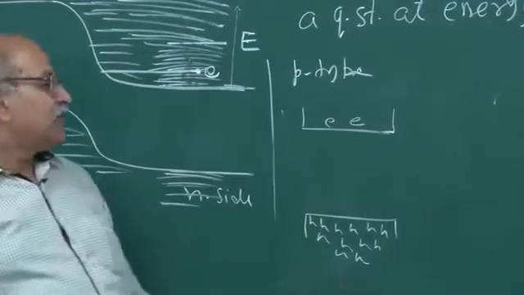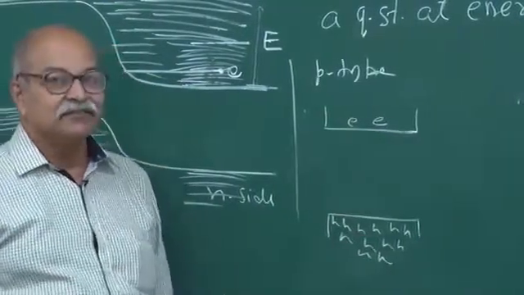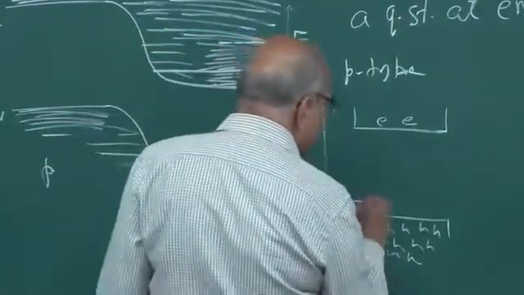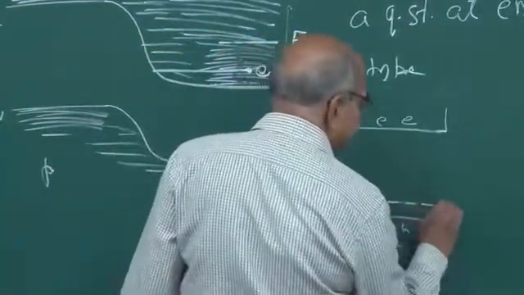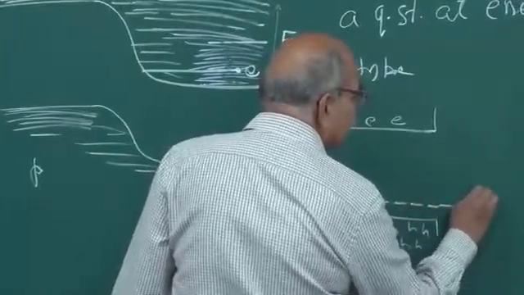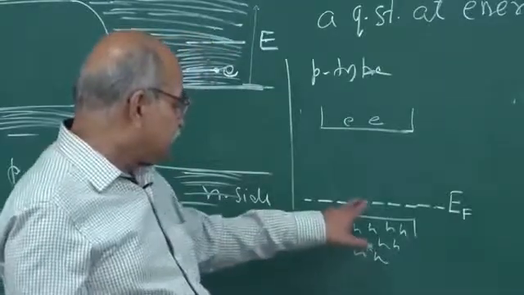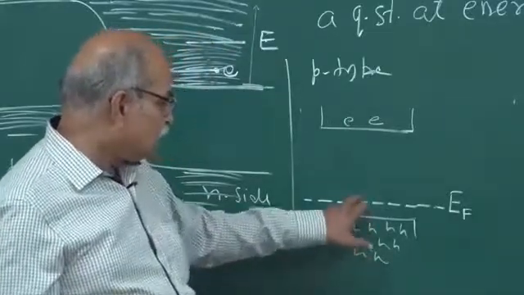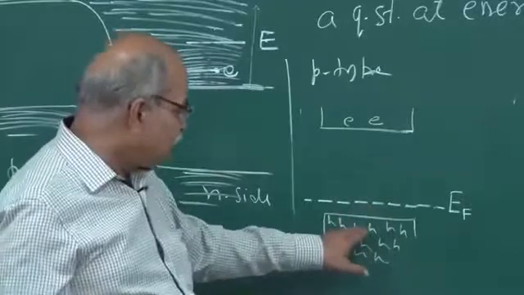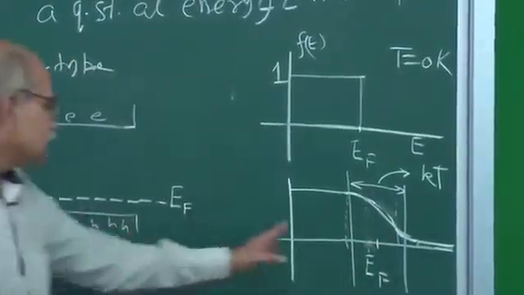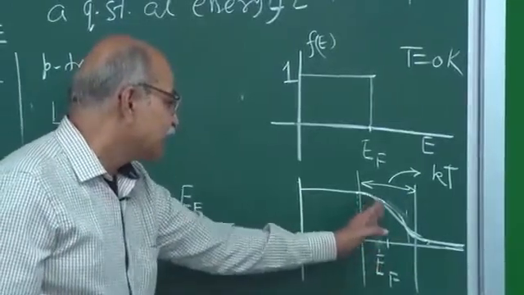So where do you think the Fermi energy is? The Fermi energy is close to this EV. So you are close to the Fermi energy, slightly below this, slightly to the left of it, you are somewhere here.